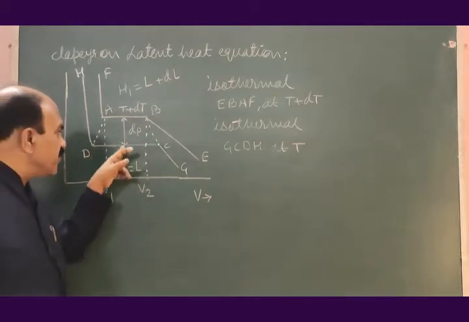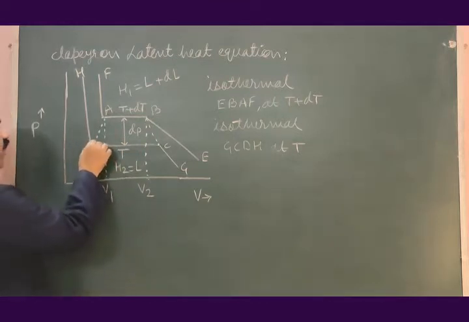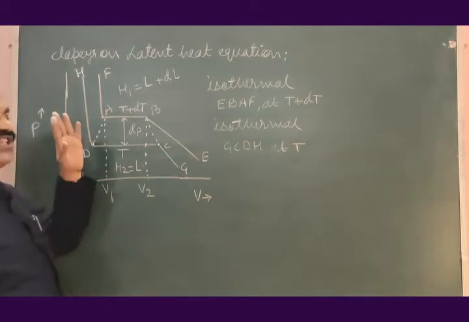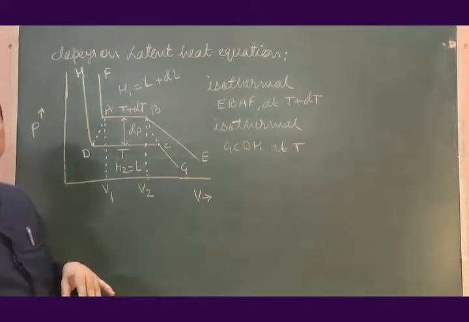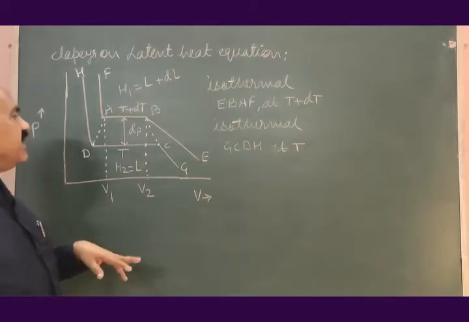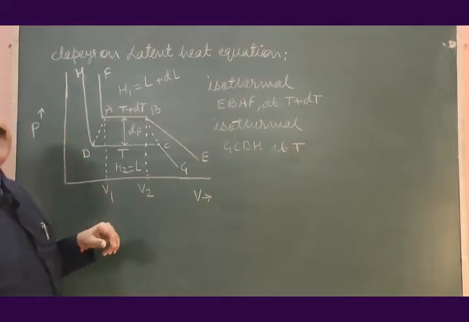So it is corresponding to an isothermal process. And from D to A, pressure is increased, volume will decrease, and the temperature will increase from T to T plus dt.